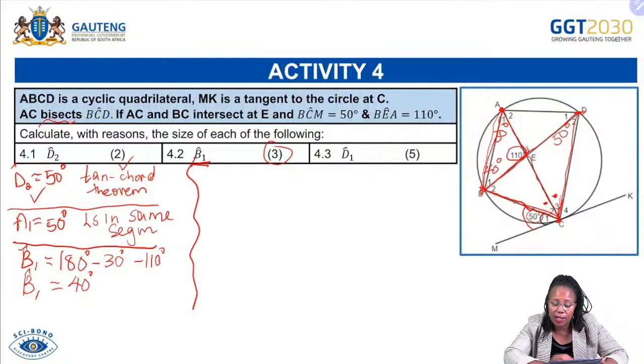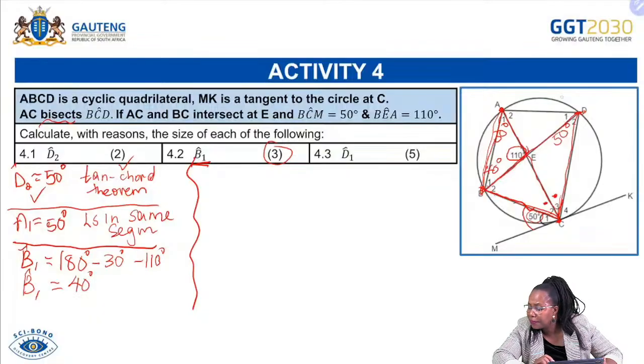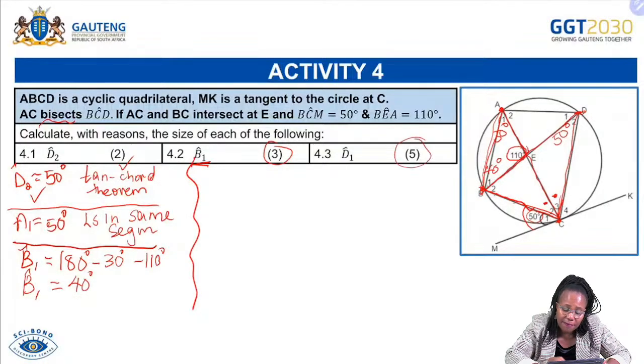And then D1 now. To find D1, we can start here, C3. C3 is in the same segment as B1, because we have 5 marks, that means it's a long way to the answer. C3 is equal to B1 because they are angles in the same segment.